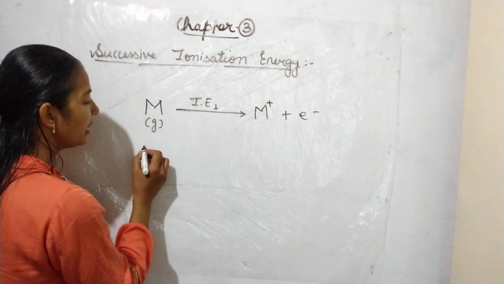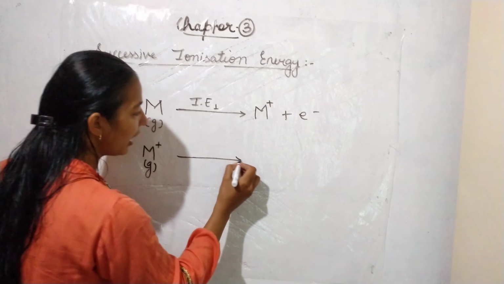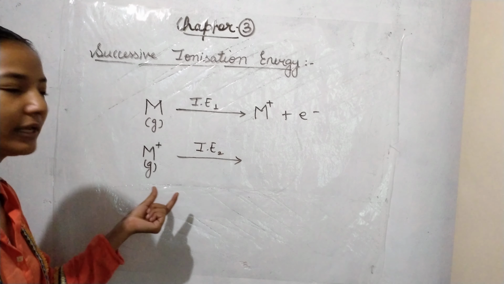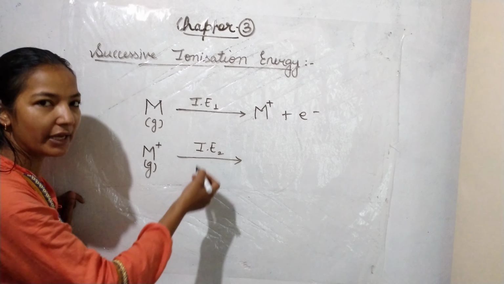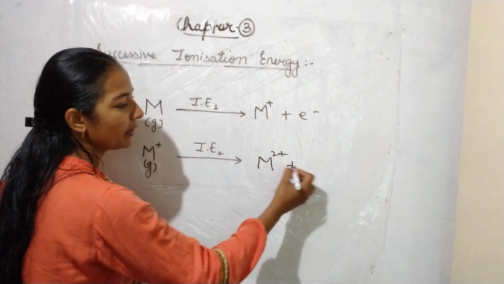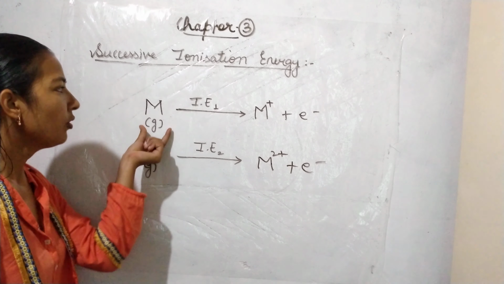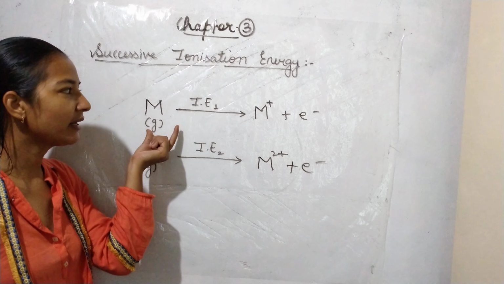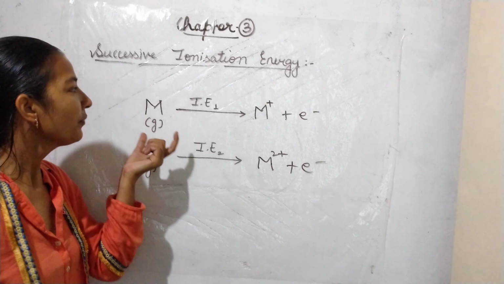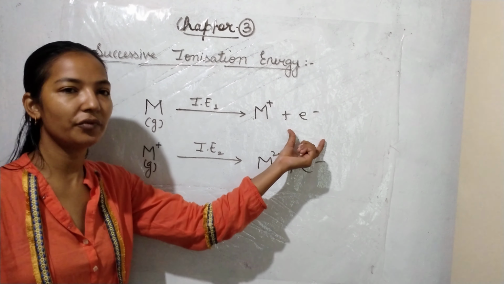Now again, if we have the metal ion and we want to remove one more electron, we give ionization energy again, forming the ion M2 plus by removing one electron. Since the size of a metal atom is quite large, whatever energy we give removes the electron.